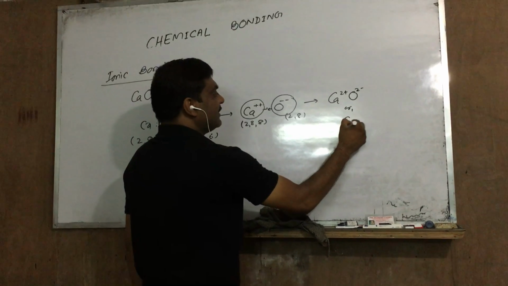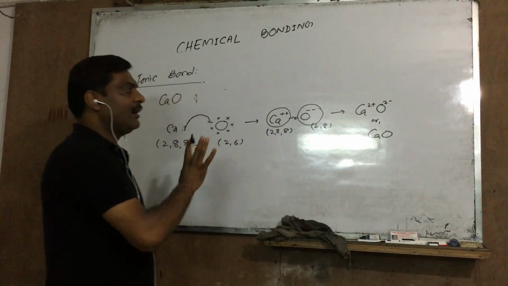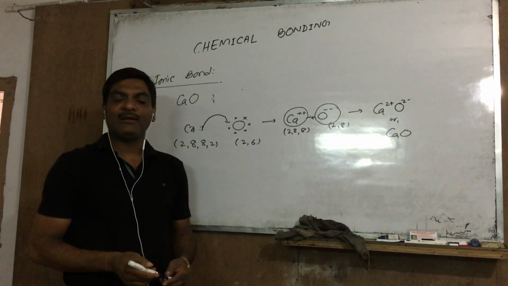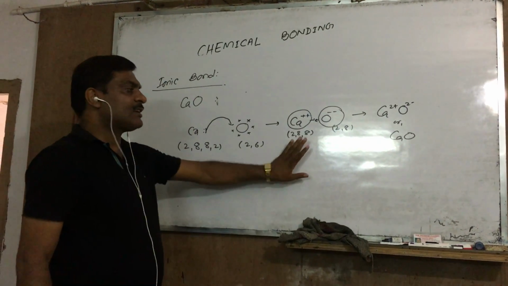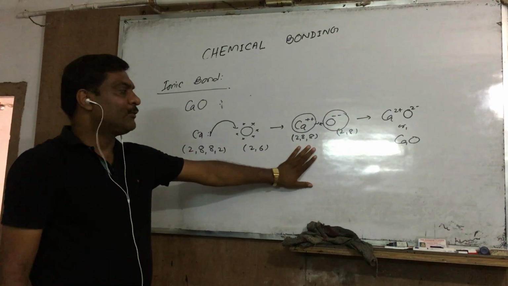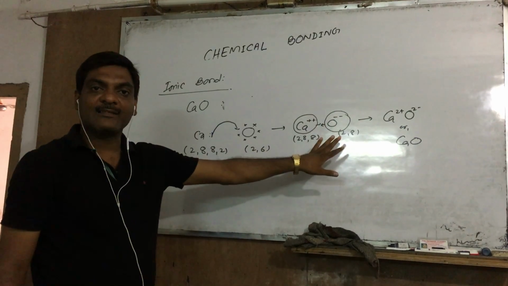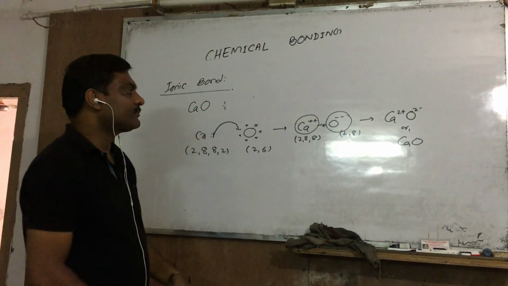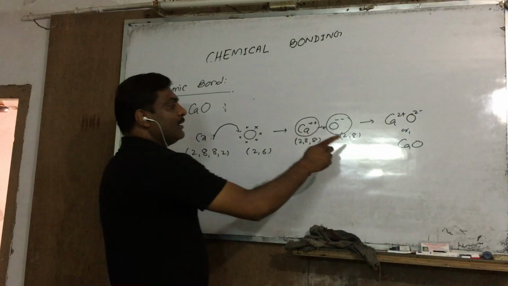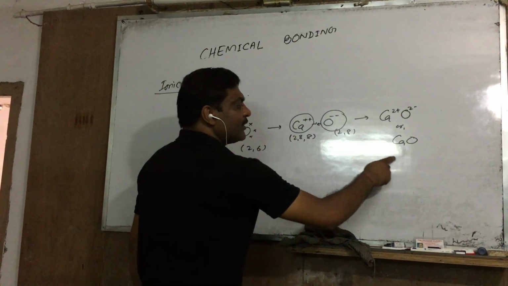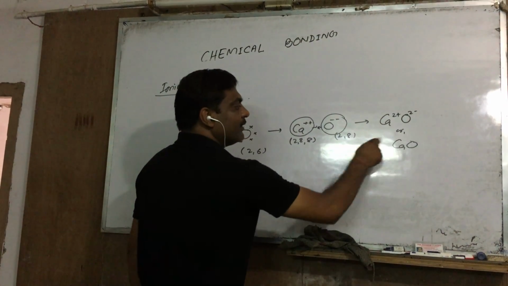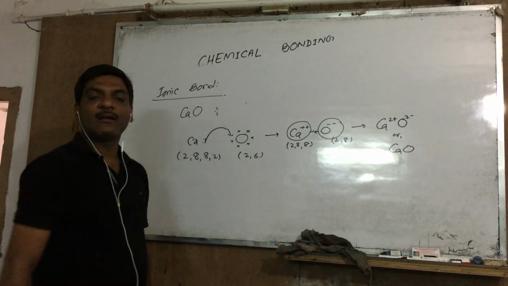This was ionic bond. So ionic bond is simply the electrostatic force of attraction between oppositely charged ions. Agreed? Now, the compound which is formed due to the ionic bond is the ionic compound.